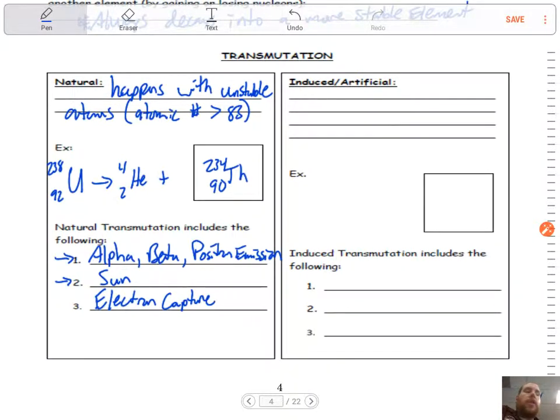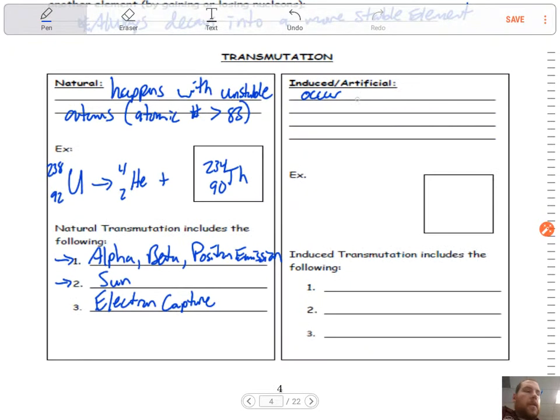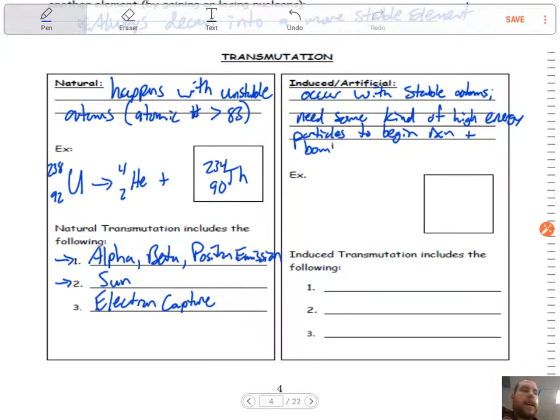There's also induced or artificial transmutation, and this is where it occurs with stable atoms. We can get them to transmutate artificially, but we need some kind of high energy particles to begin the reaction and bombard the nucleus.